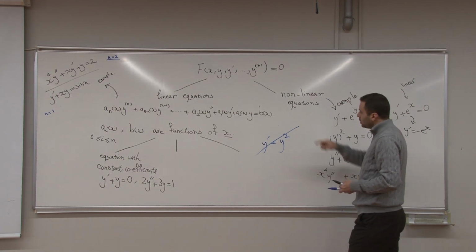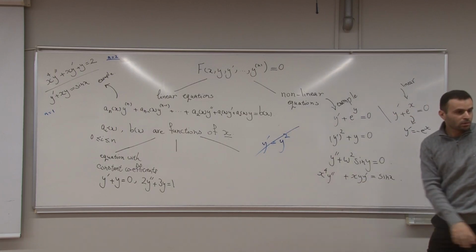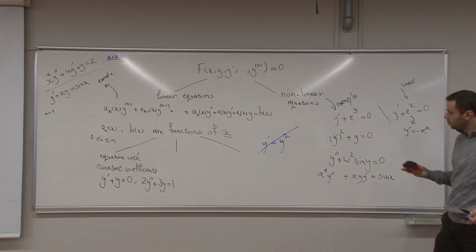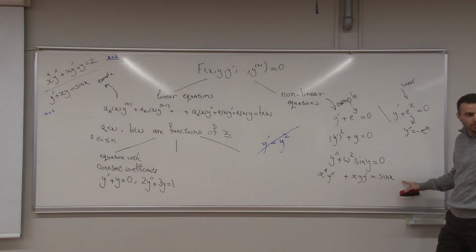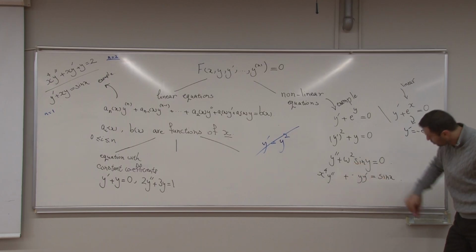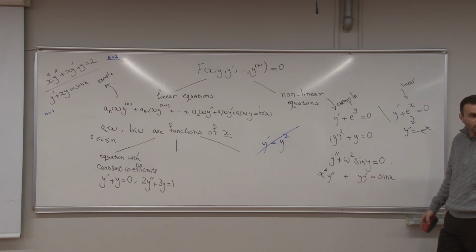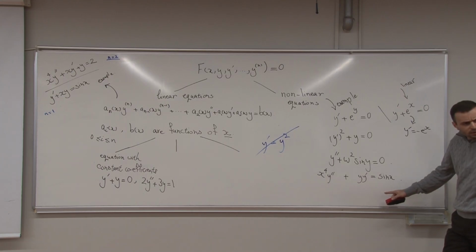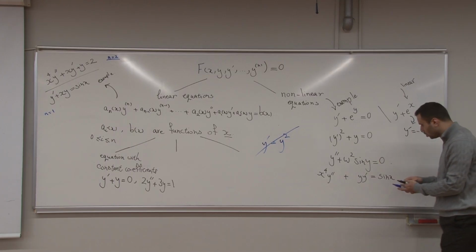Can I ask something? Yes. Let's assume that for the last one, let's modify this one. For example, can you erase the x? If I write plus x at the end, would it be linear or not? Okay, plus x.